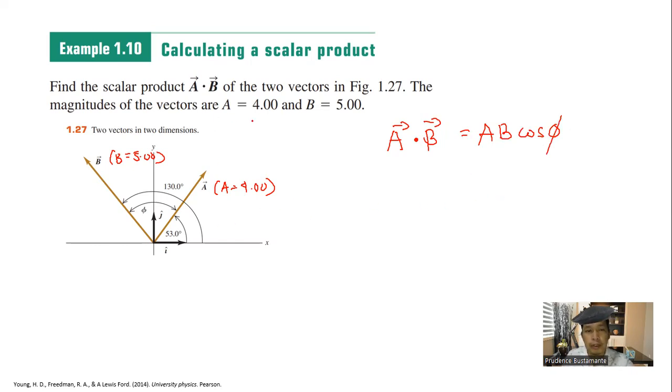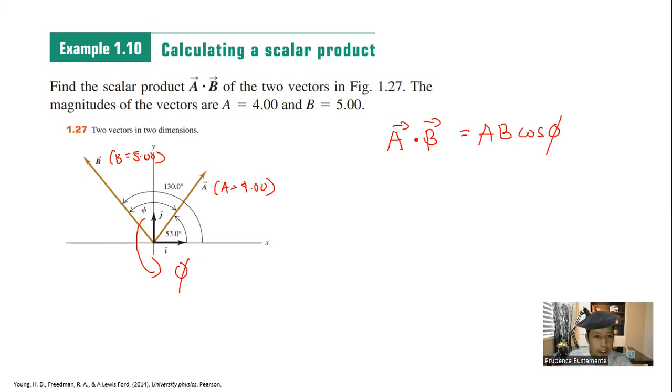We already know the magnitude of A and the magnitude of B. However, we don't know the angle between A and B. So we need first to determine the angle phi. What is the angle phi? Can you analyze what is the angle phi?